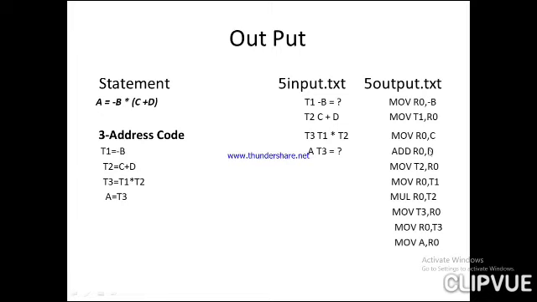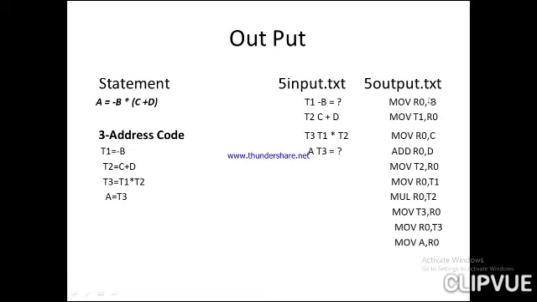Now in the output file we have to generate the assembly code, that is the machine code. In this output file, the first instruction moves minus b, that is the argument, to the result, that is T1.